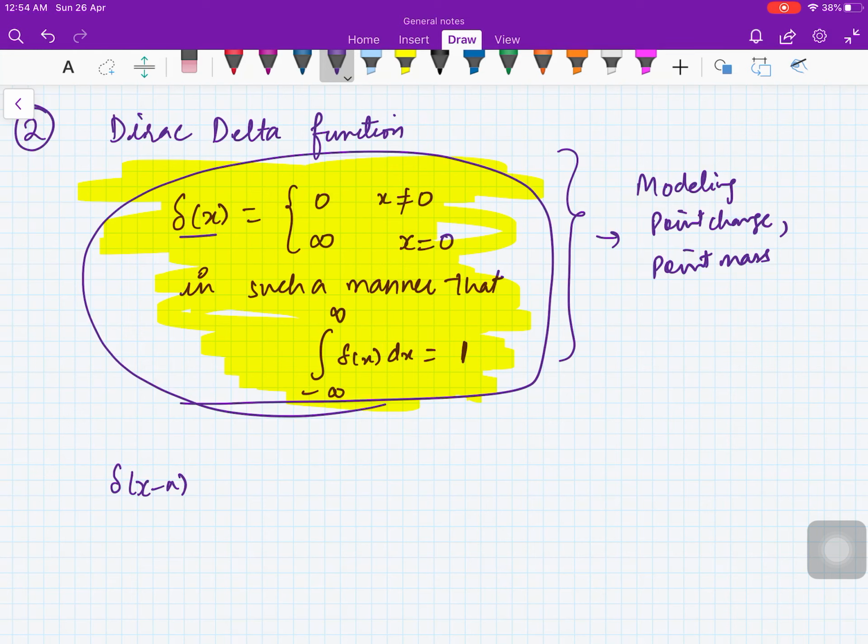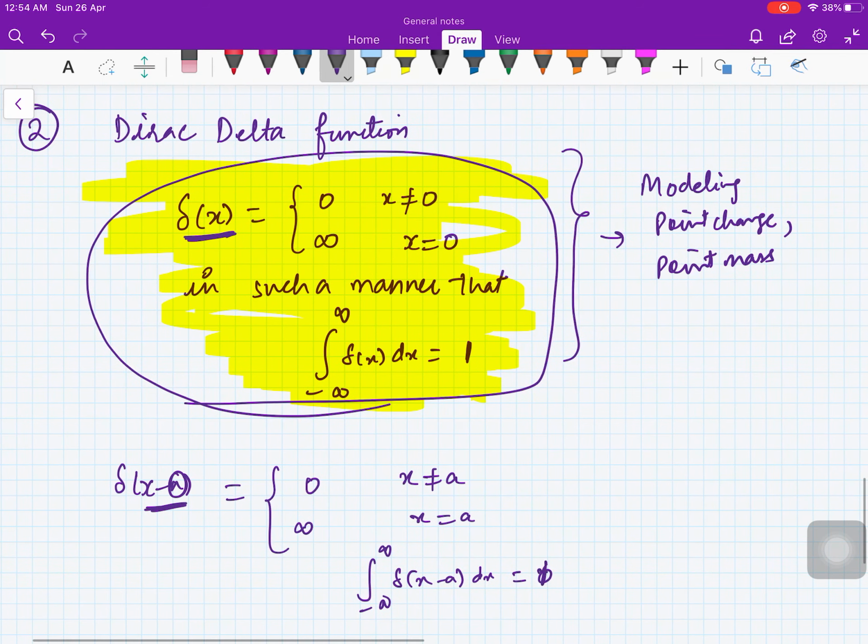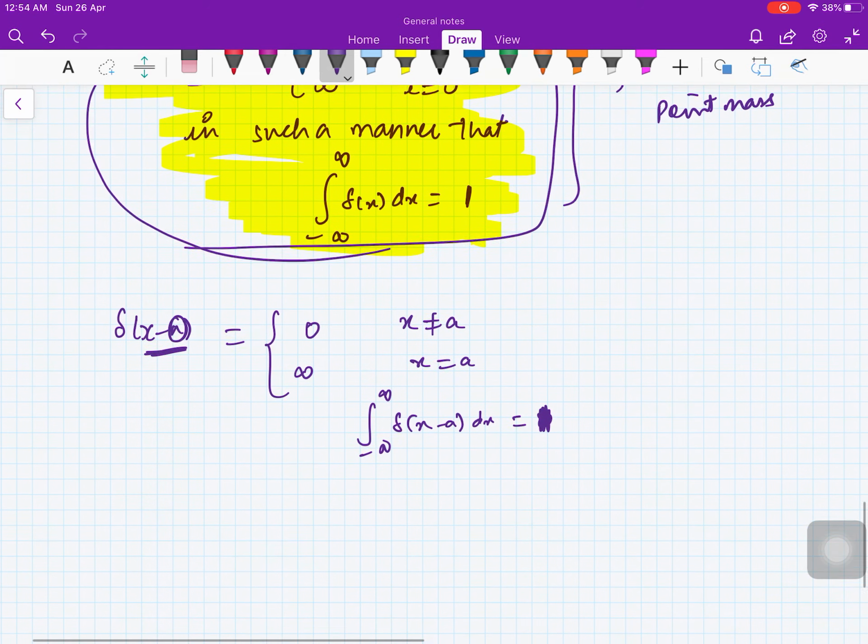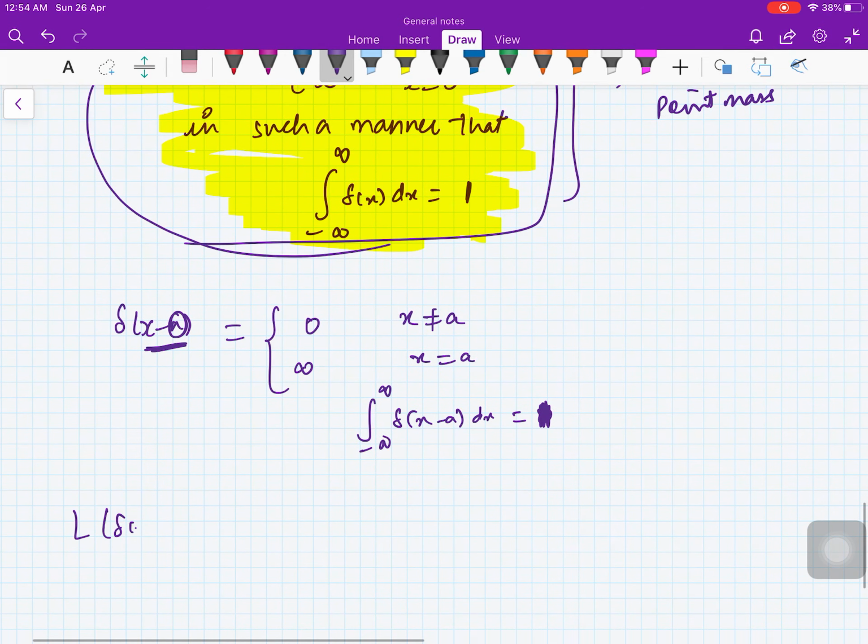It exists for sure. If I'm talking about delta of x minus a, this is a function which is 0 everywhere except at a, and at a it is infinity, in such a way that the integral from minus infinity to infinity of delta of x minus a dx is 1, not 0, it is 1.